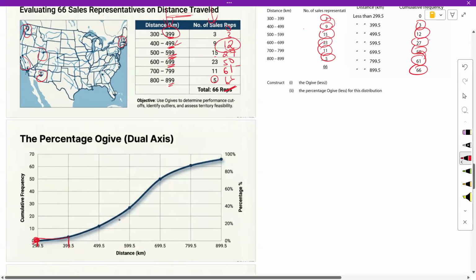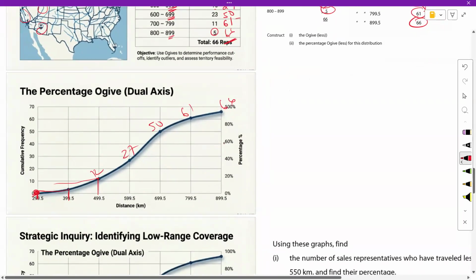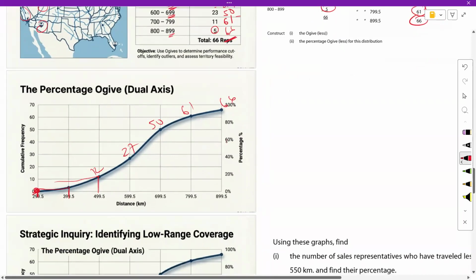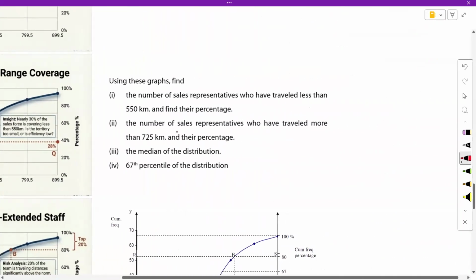There are 12. And here 27, and 50, and 61, and 66, right? So this is the Ogive, the percentage Ogive.